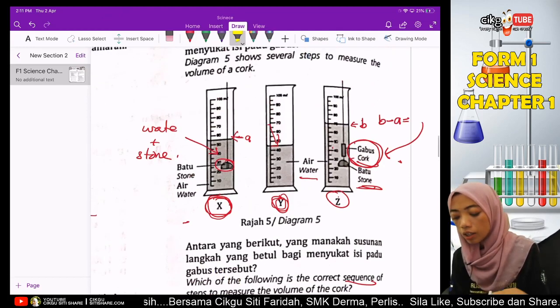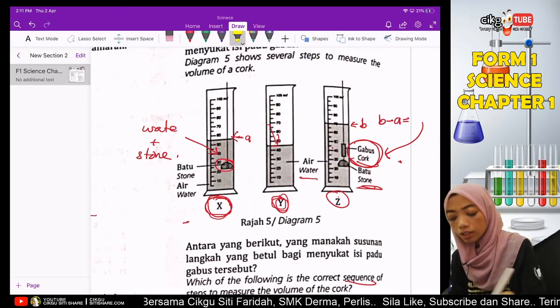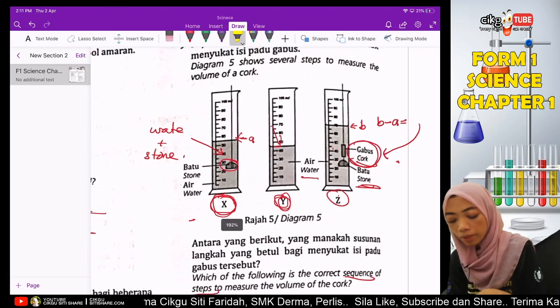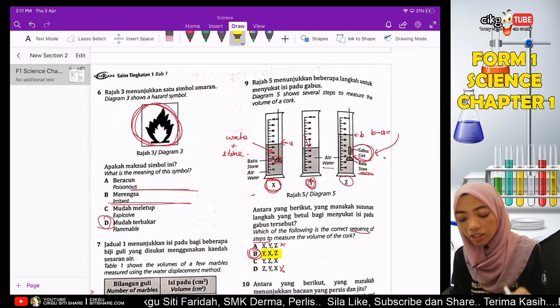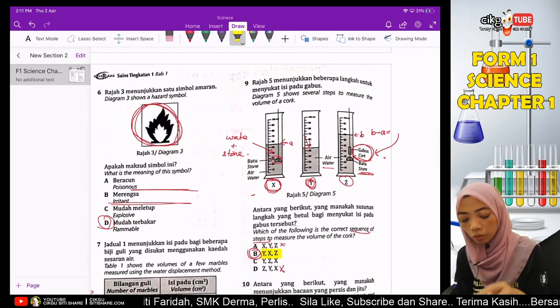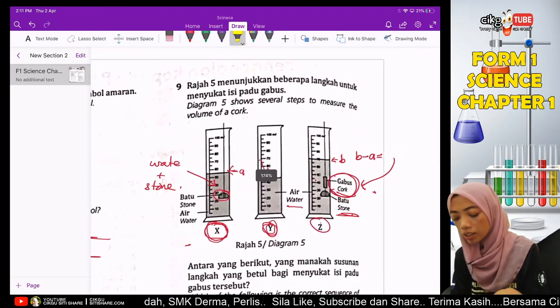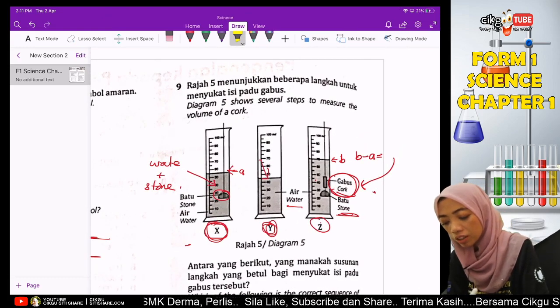Okay. This method we call the water displacement method, or displacement of water.